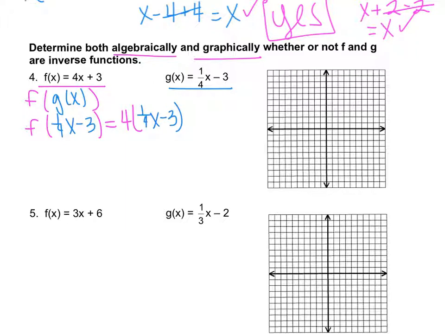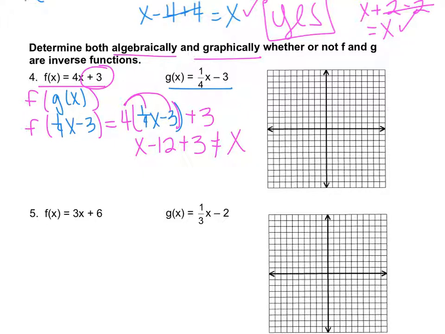And then notice you have a plus 3 after. So I'm going to distribute. 4 times 1/4 x is just a 1x. 4 times a negative 3 is a negative 12 plus 3, which does not equal x because the negative 12 and 3 did not cancel out.